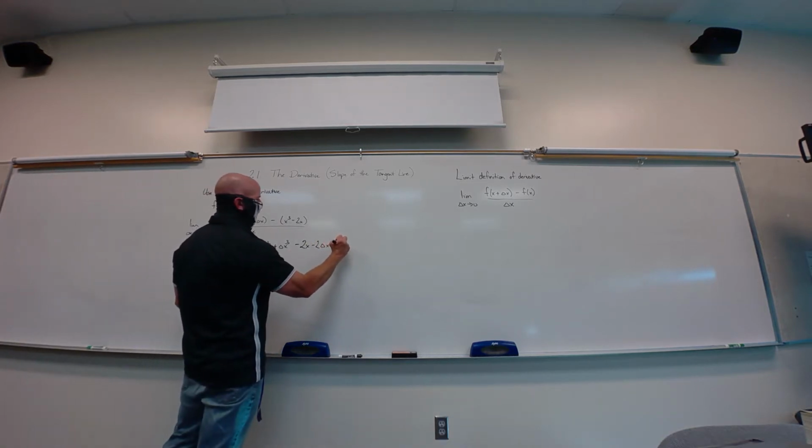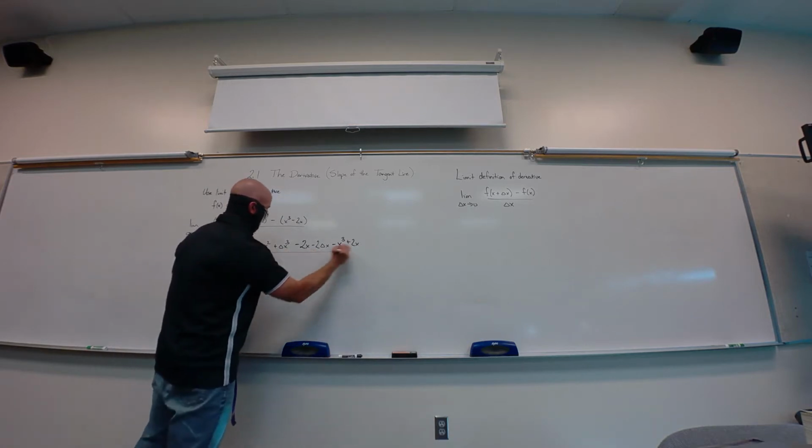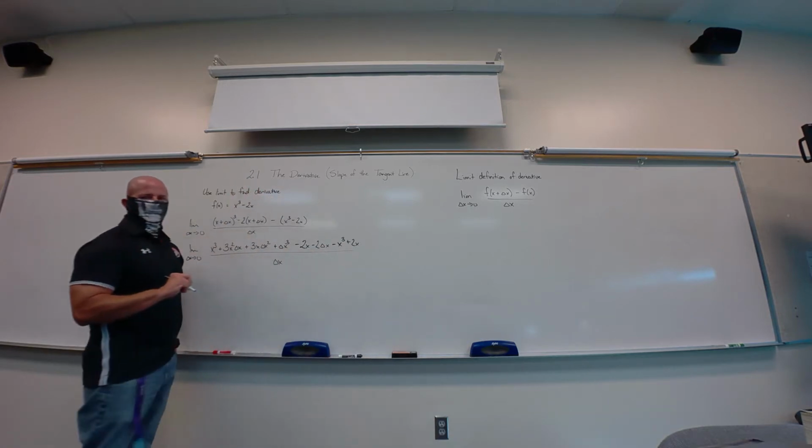Then distribute the negative, minus x cubed plus 2x, all over delta x.